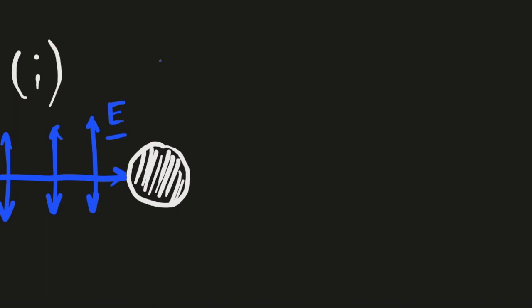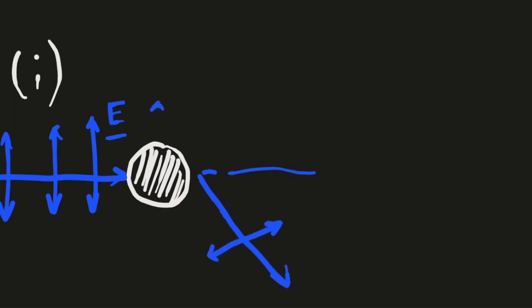So we have two cases. The first is that you have the electric field in the scattering plane. So we have electric field E, and B is going to be perpendicular to that.